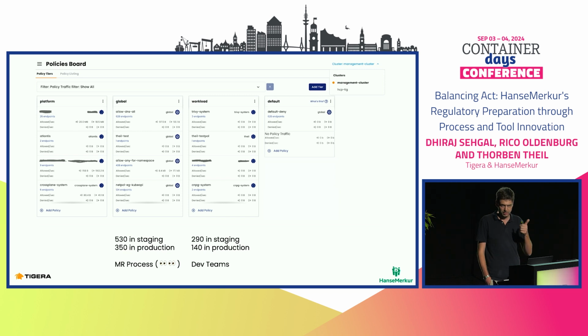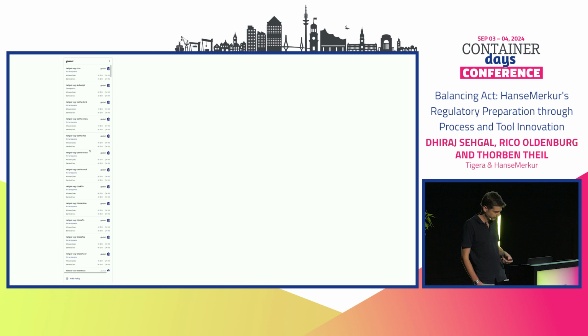There's usually a dev and a test stage, and that's why there are way more network policies in the staging cluster than in production, because in production that's just production workload. Again, it is covered by the merge request process and four-eyes principle for the global network policies, and the dev teams own their own workload policies.